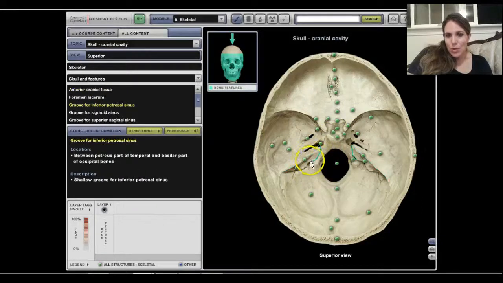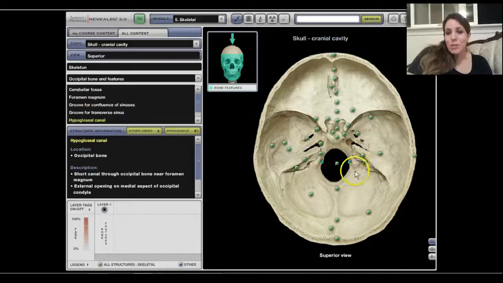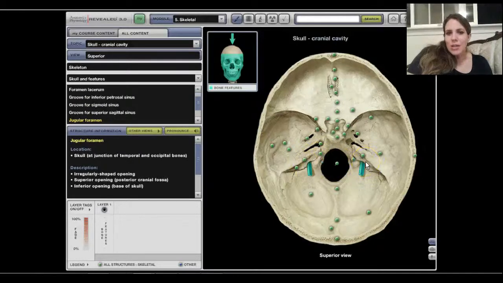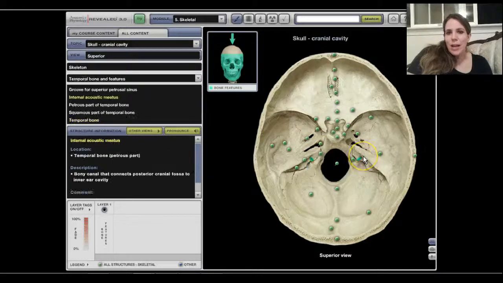That's a groove. So don't worry about that. But here, right above where your occipital bone is, and your occipital condyle, there's your hypoglossal canal that we could see through the other side. And there is your jugular foramen. And this right here is your internal acoustic meatus. So not the carotid canal, internal acoustic meatus. So keep that in mind.